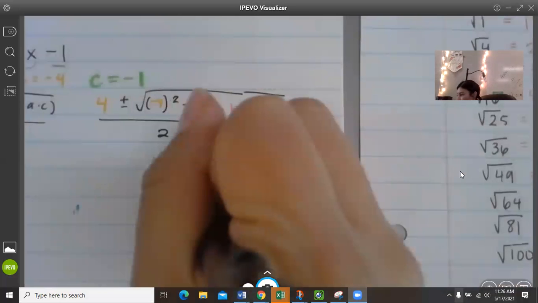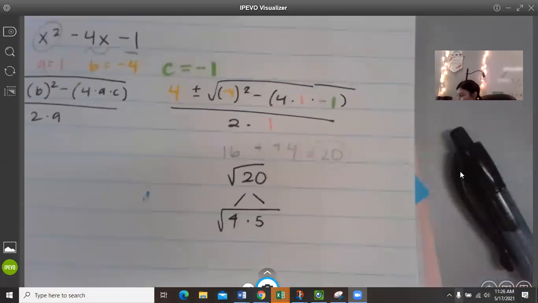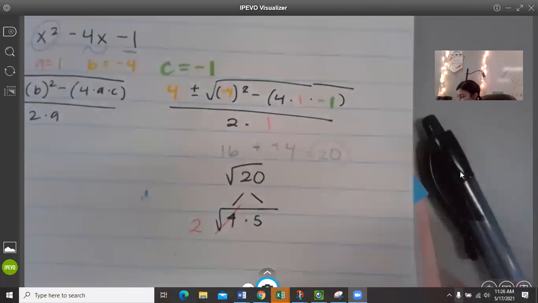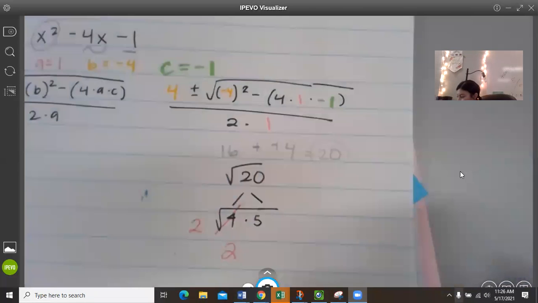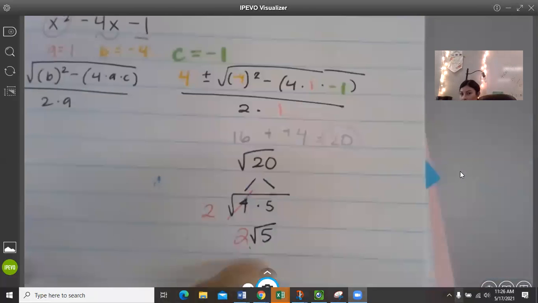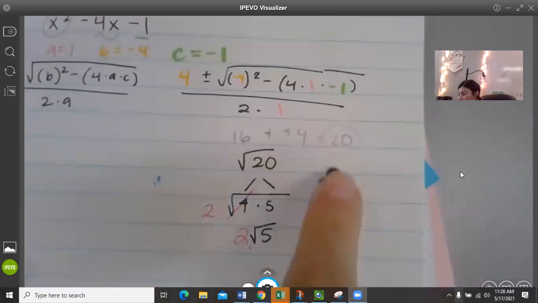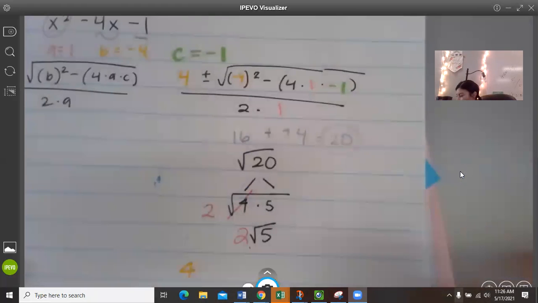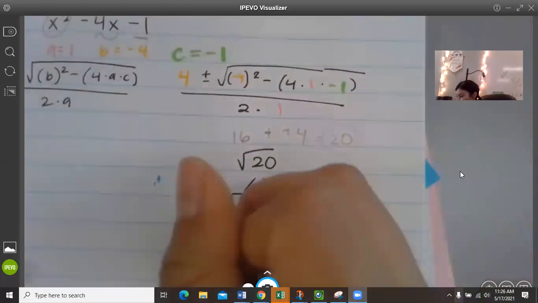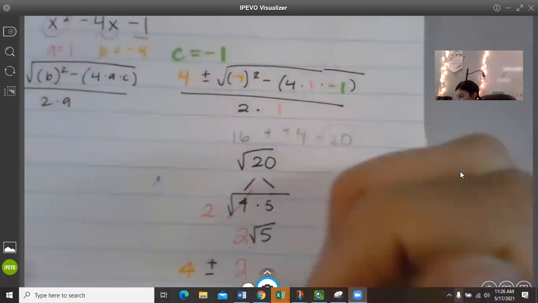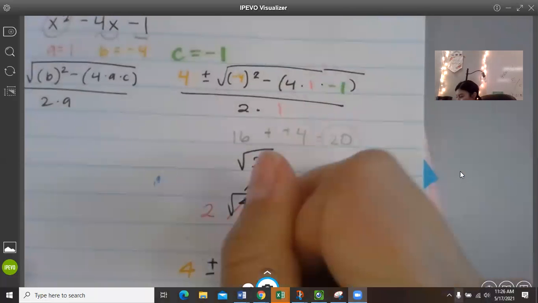When you take the square root of 4, it's 2. So my answer is 2 square root of 5. That's when I simplify. So I'm going to ask you for the discriminant, then I'm going to ask you to simplify the discriminant. So my final answer, and I'm going to give you a multiple choice when you do this, is 4 plus or minus 2 square root of 5, over 2.